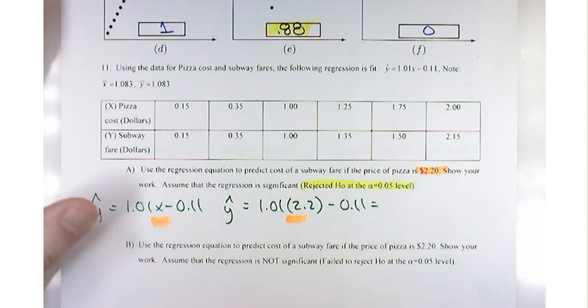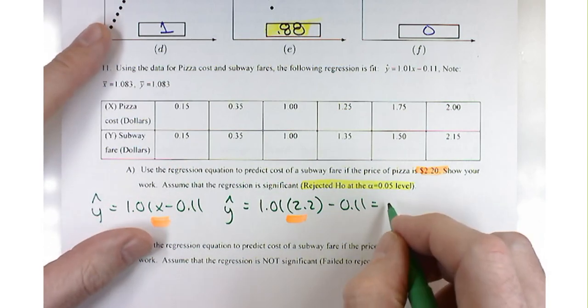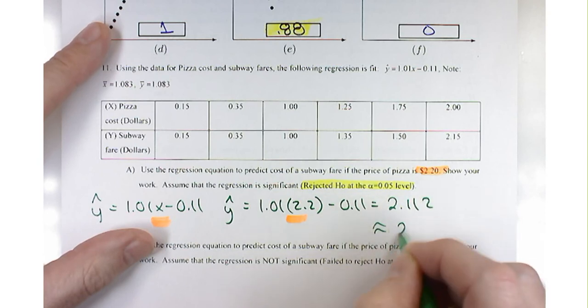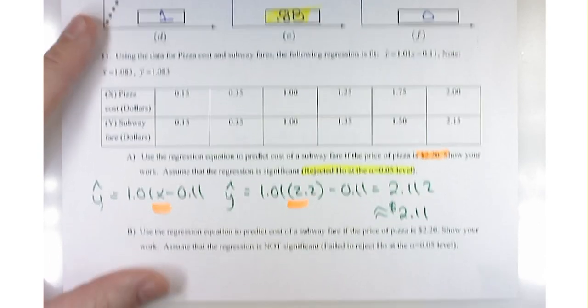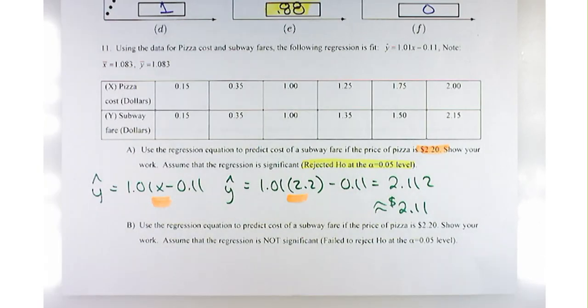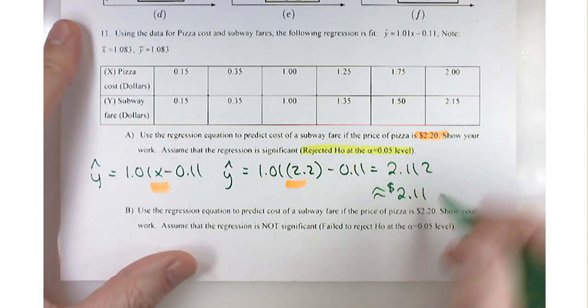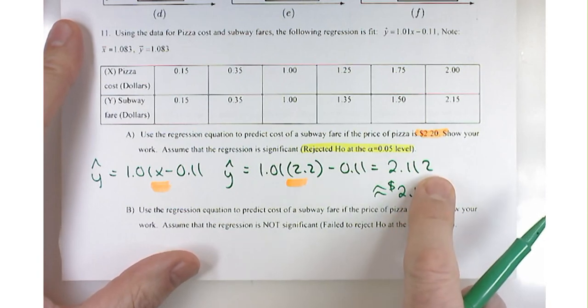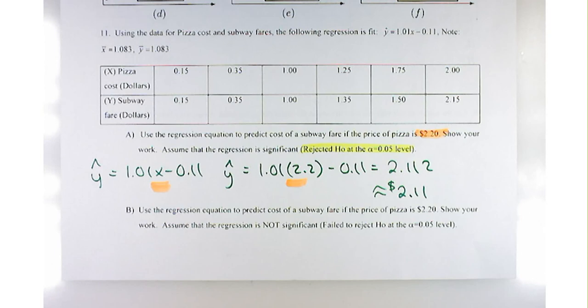I think we get 2.112. Now, of course, you could round that off to $2.11. This is the exact one. The only reason I'm rounding it off is because we don't have anything like a tenth of a penny in our currency.